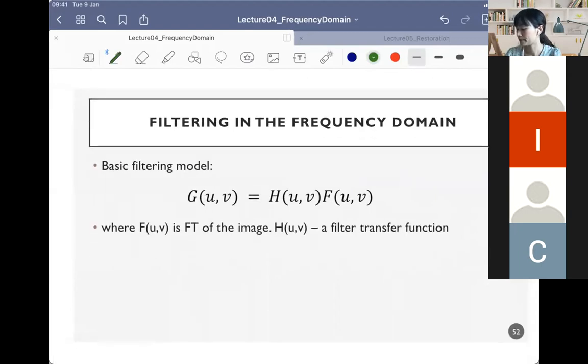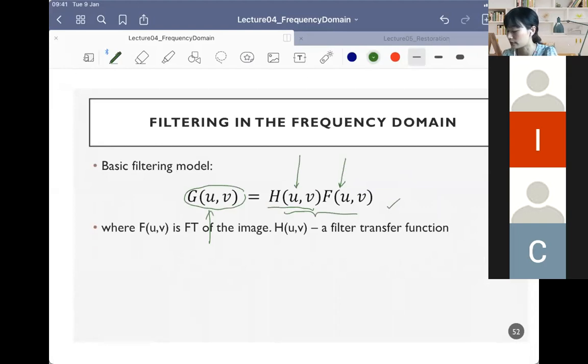So, like I said, if you have a transformed version of your image and you have your designed filter, you can create a filtered image, which is still in Fourier transform, by this equation using simple multiplication.